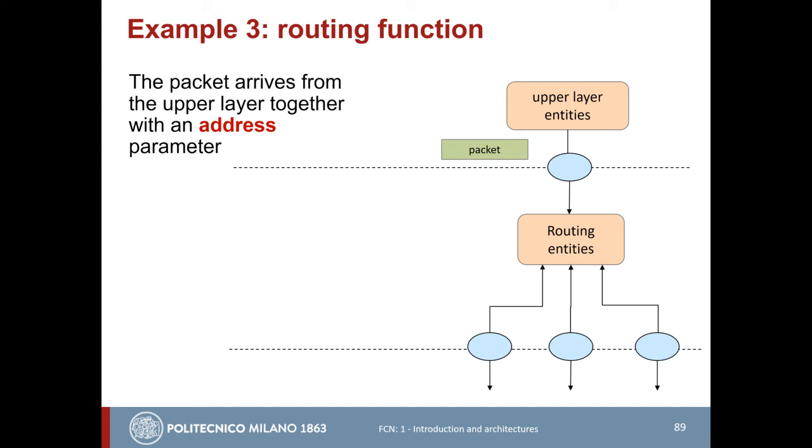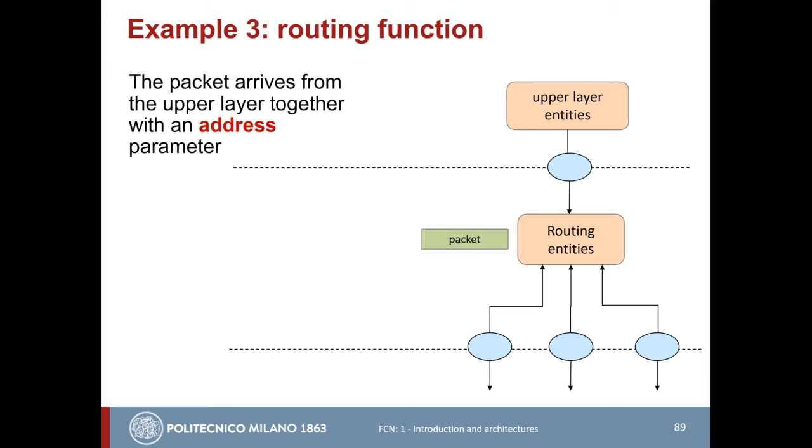So entities at this layer must decide what service access point to use in order to send this packet, because here we have multiple entities attached to the single entity. So this is the routing functionality.